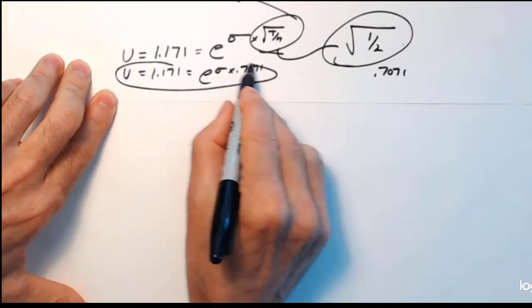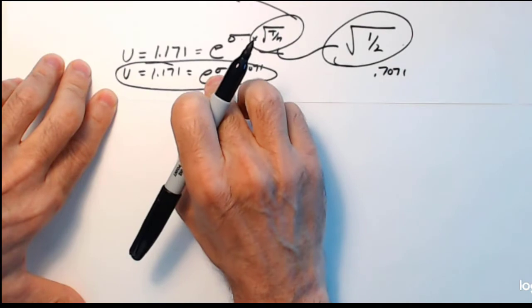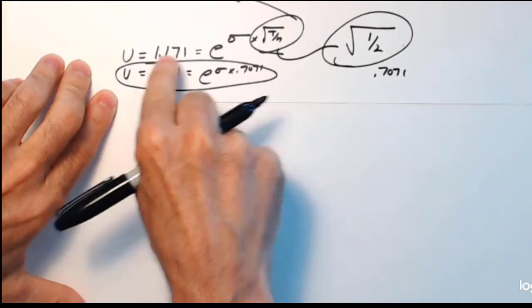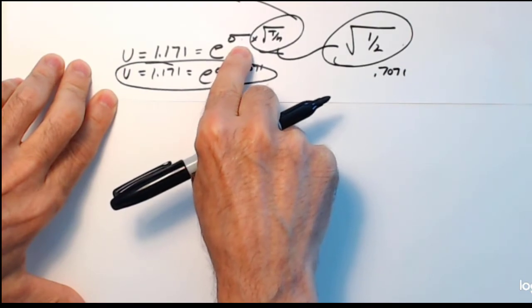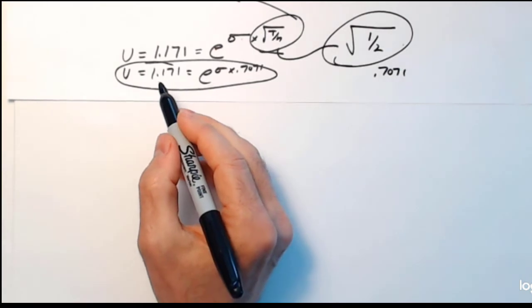Oh, that seems like a nightmare. How the heck do you solve for it? Really what we want to do is solve for sigma. Because what I'm saying is if I give you a U, it implies a sigma, how volatile the stock is. And so what we do is we take the logarithms of both sides.